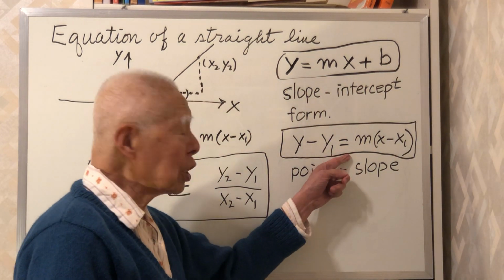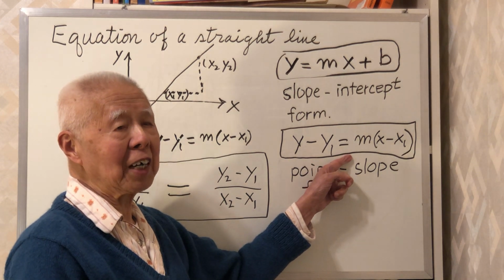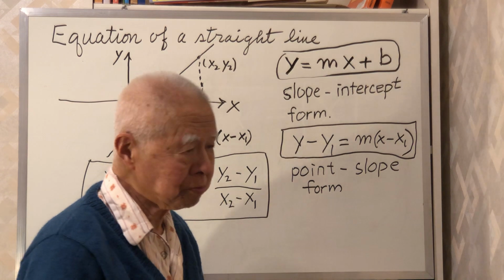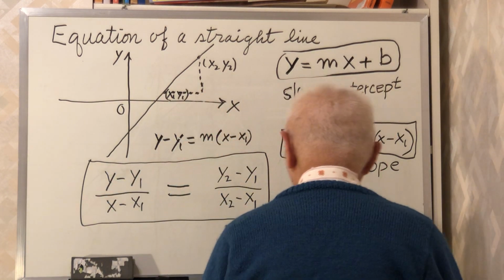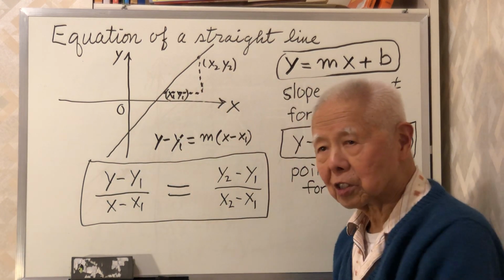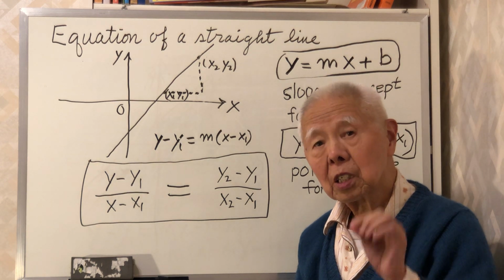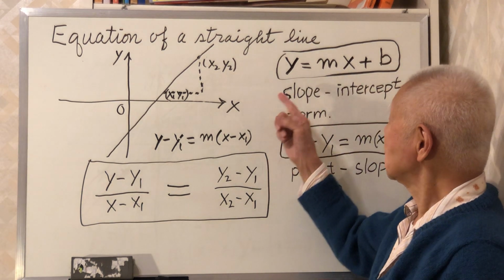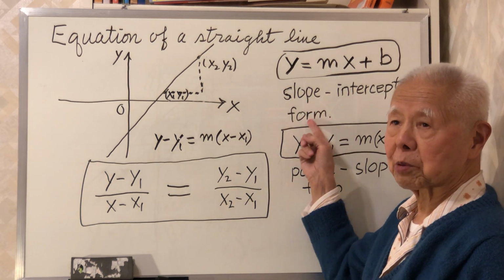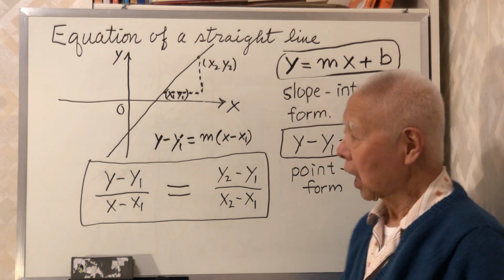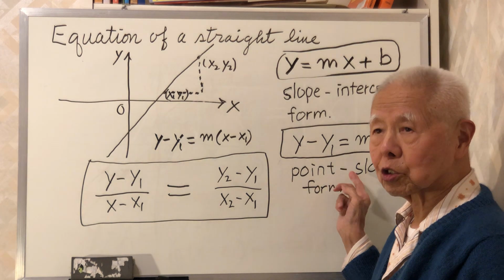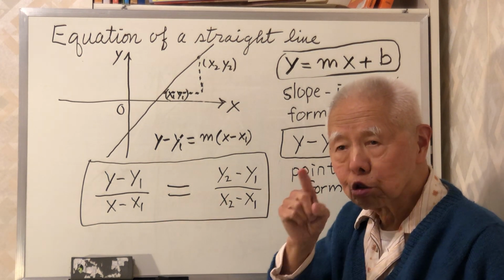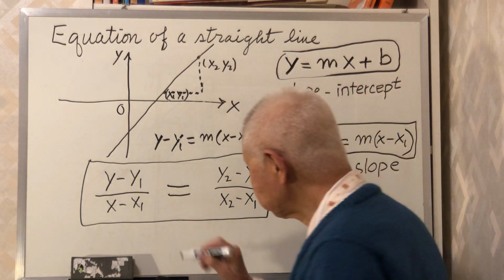I use this equation to write the equation of the line if I know the slope and 1 point. I use this equation if I know 2 points. So I have slope-intercept form, point-slope form, and finally 2-point form.